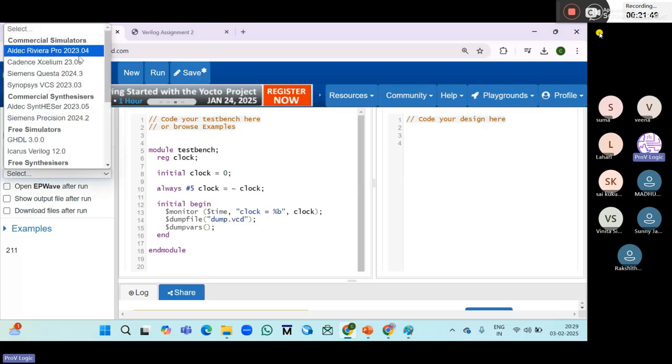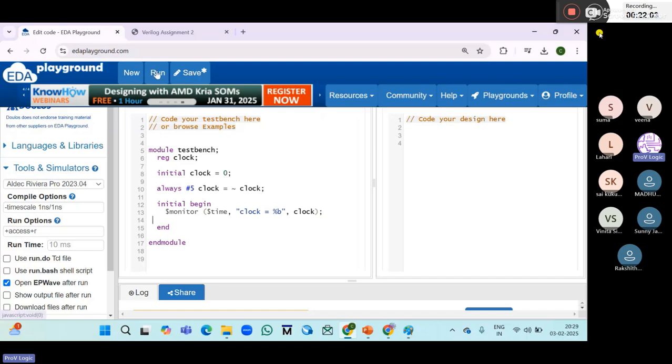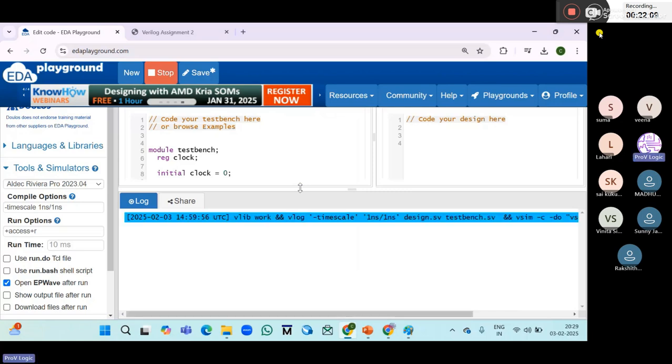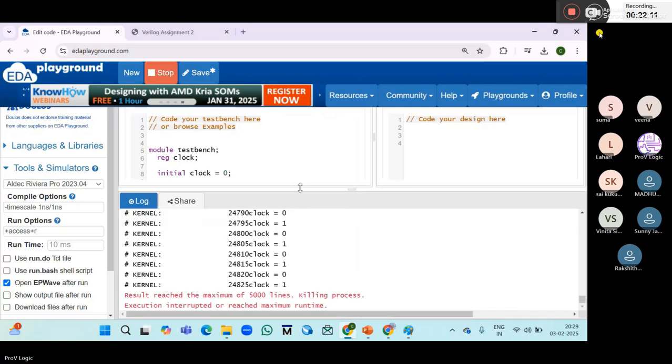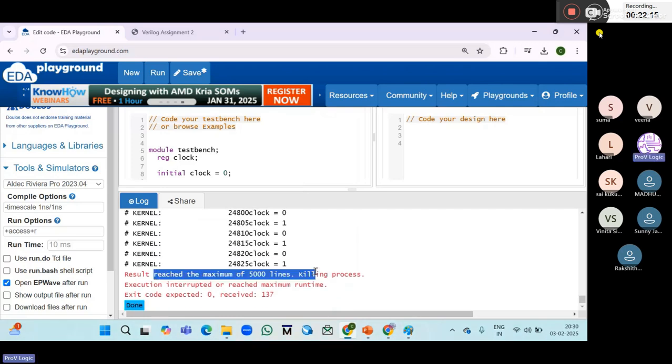Select the tool and here click on open EPWave. Once you open EPWave, according to this dump, suppose I remove this dump and run. It doesn't open the waveform. It throws some error: reached maximum limit 5000.